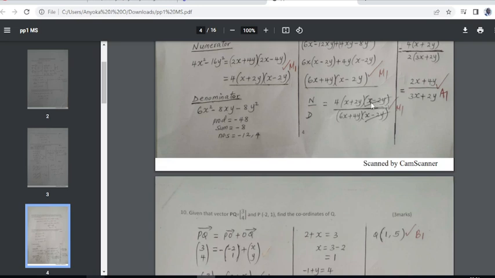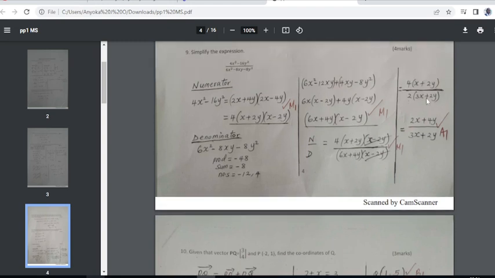So this bracket x minus 2y will cancel with x minus 2y, and we remain with 4 into bracket x plus 2y. But remember, this one has a common factor 2 that we can factor out. So 2 will cancel with 4, we remain with 2x plus 4y over 3x plus 2y.